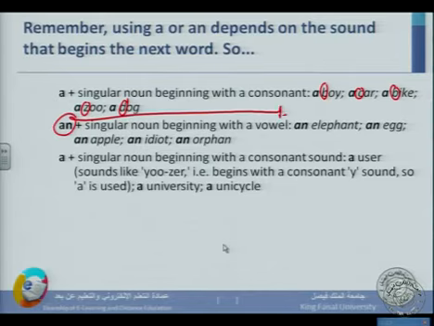The vowels are A, E, I, O, U. Notice: an elephant, an egg, an apple, an idiot, an orphan.